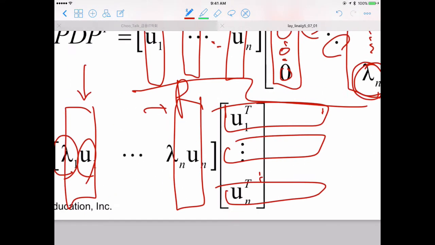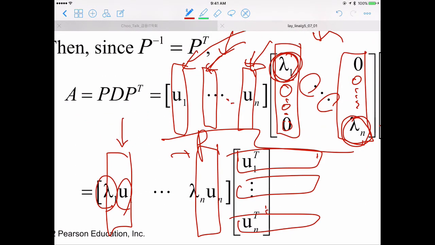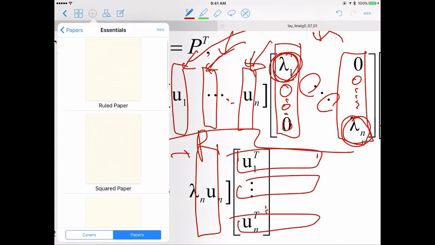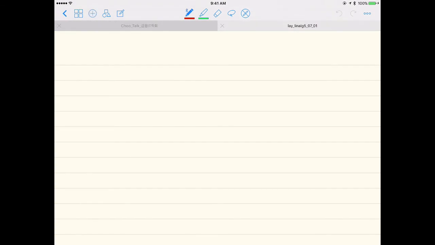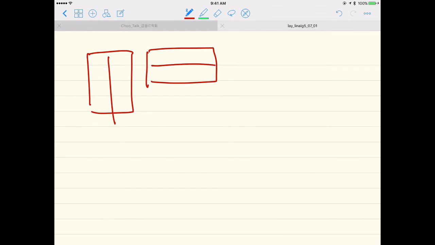I'm not sure whether I talked about the fourth view of matrix multiplication, so let's think about matrix multiplication from the fourth perspective. Let's think about matrix A having columns v1 and v2, and B now has two row vectors, x1 transpose and x2 transpose.